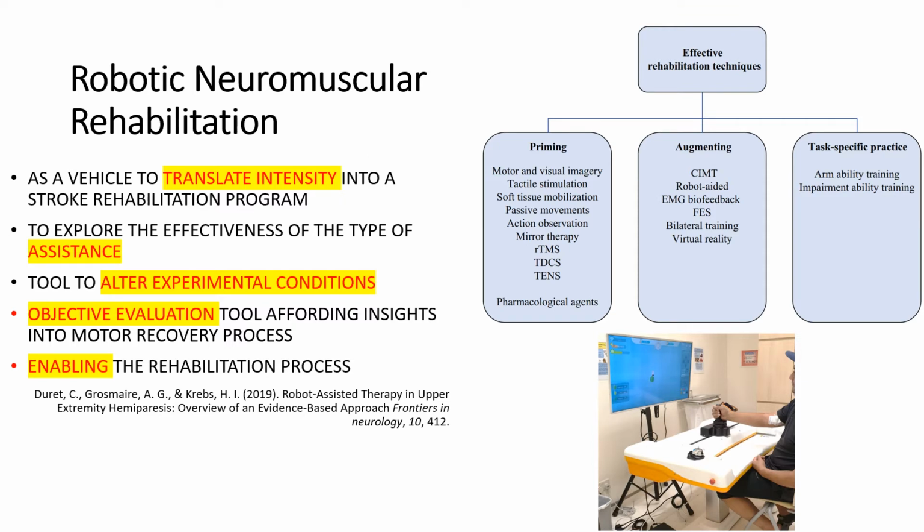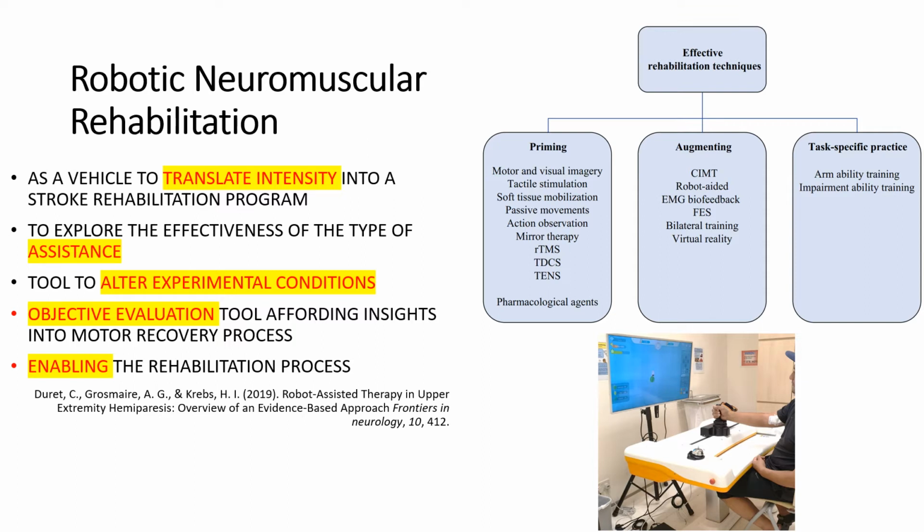This was mainly for stroke and upper motor neuron lesions. They also found that the effectiveness depended on the type of assistance provided, and that it was able to alter the various conditions to provide the therapy.